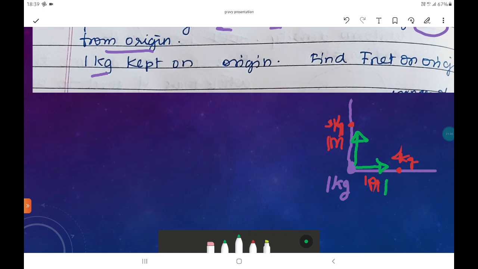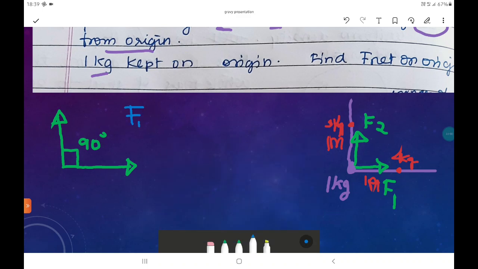This is a force F1 and this is force F2. Now forces are vectors, so we cannot directly add them, we need to add them vectorially. One vector is like this and another vector is like this, and the angle between them is 90 degrees. So what formula do you apply?